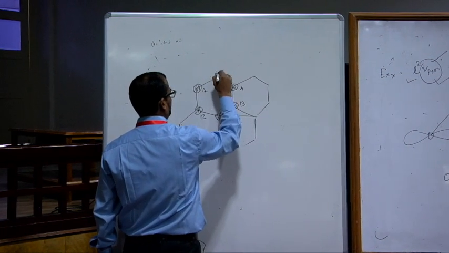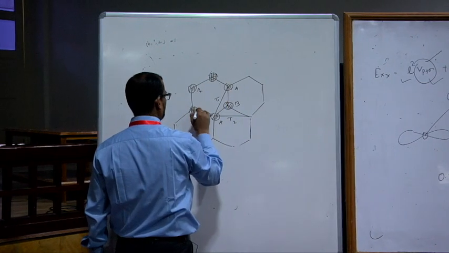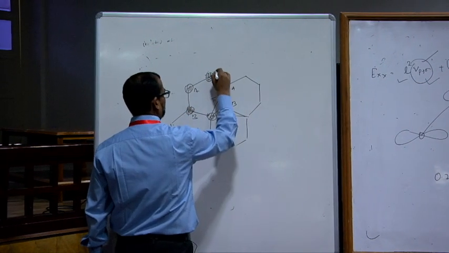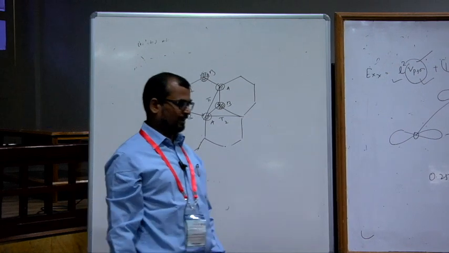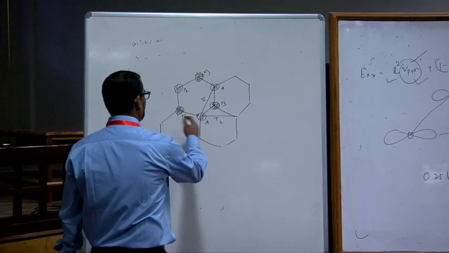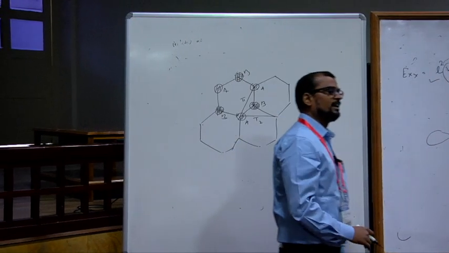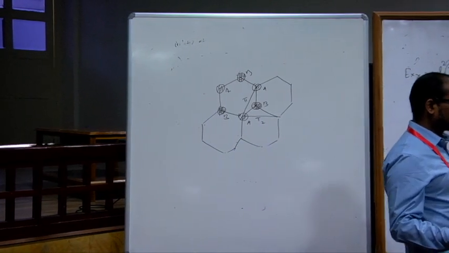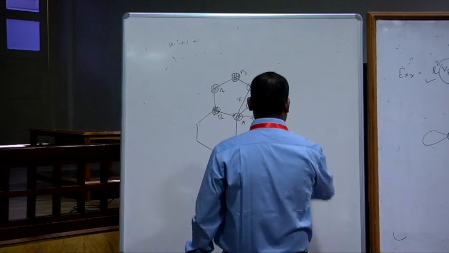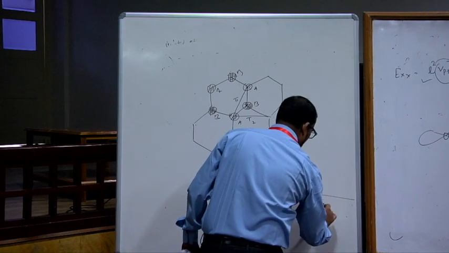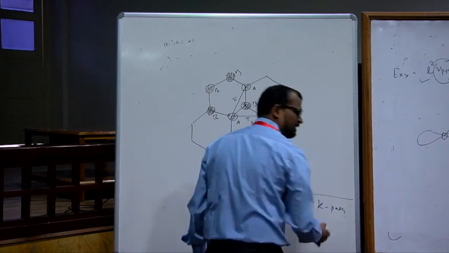Then there's the A sublattice and the B sublattice. I want to study the interaction between A and B. If you go to the full band structure of graphene, this is your K path.